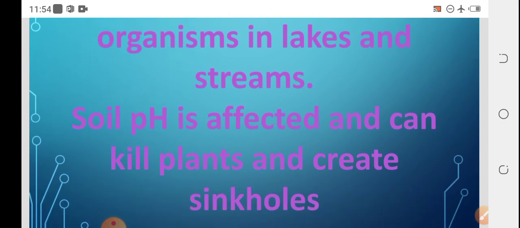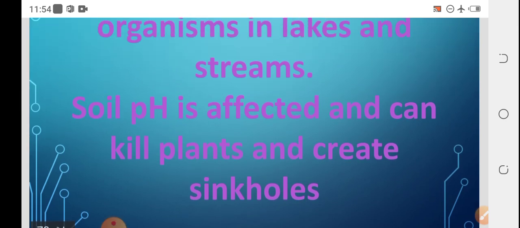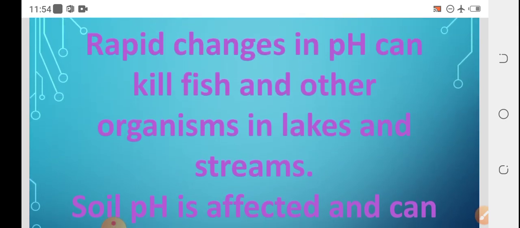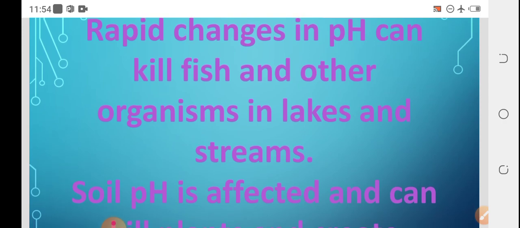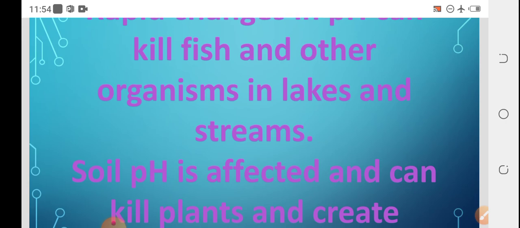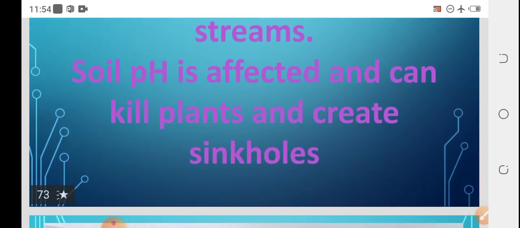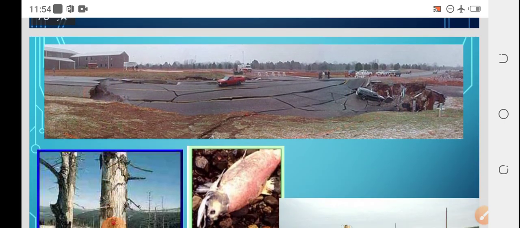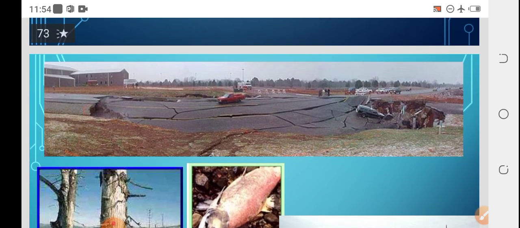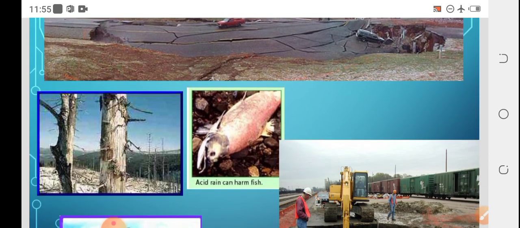Soil pH is affected and can kill plants as well as create sinkholes. You can see the figures: the roads are changed into a sinkhole.